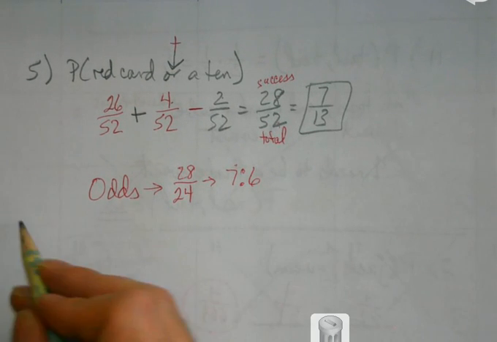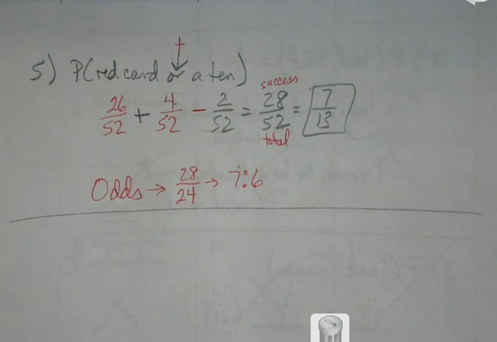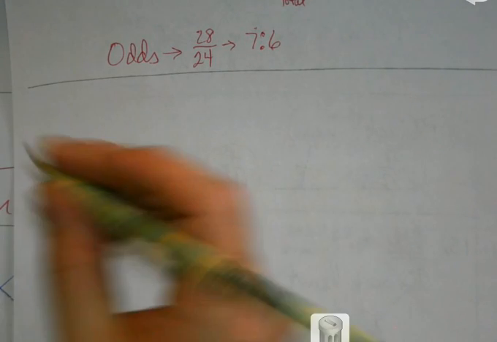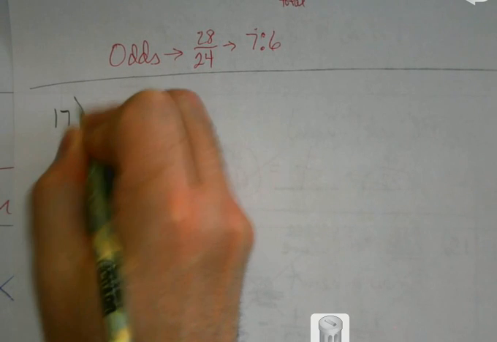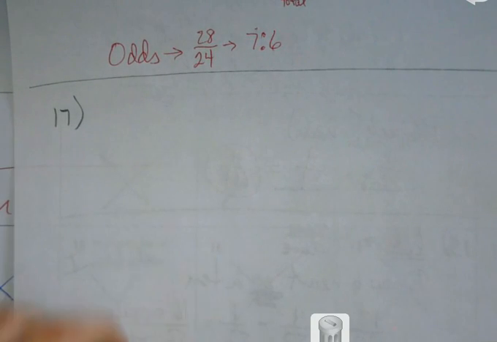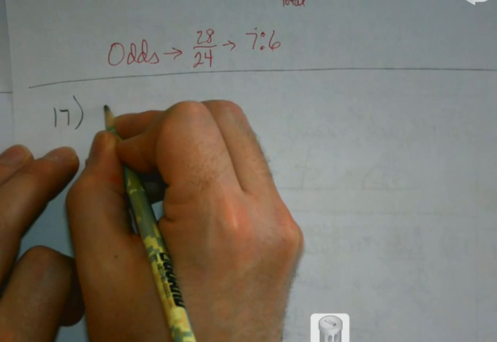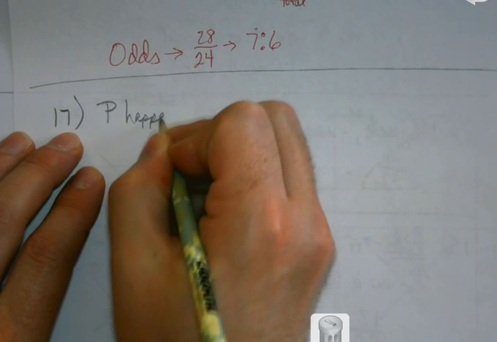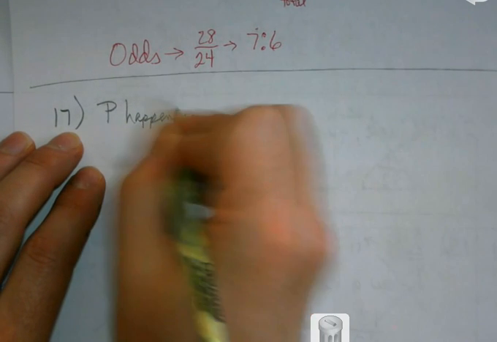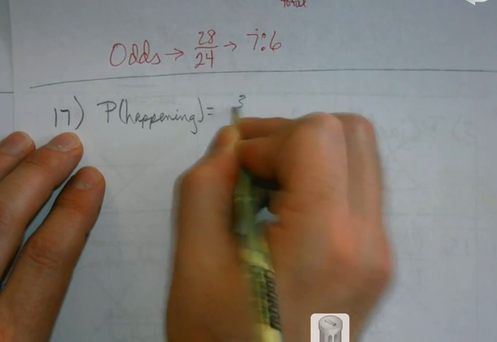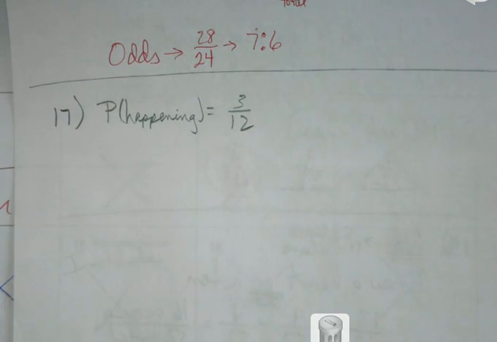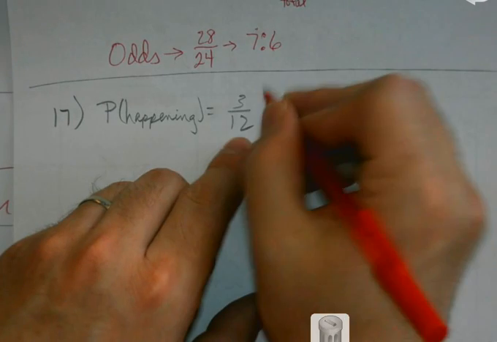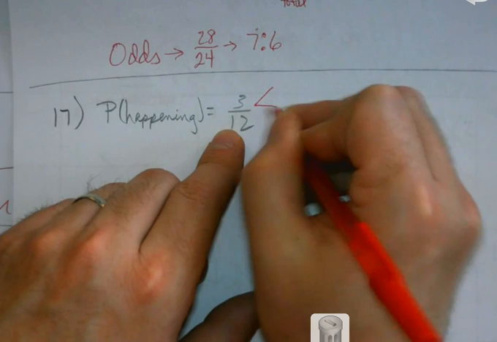Now, when this gets a little more interesting, when we move down to one like 17, okay, it says the probability of an event happening is 3 out of 12. Now, what does that tell me? Well, it tells me 3 bits of information.